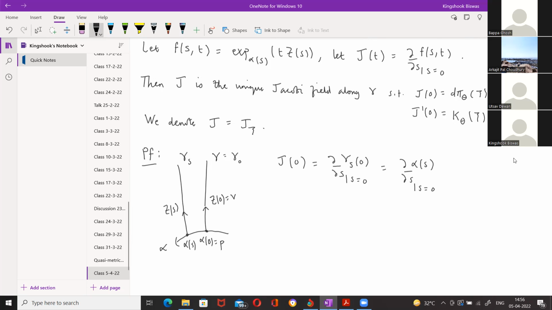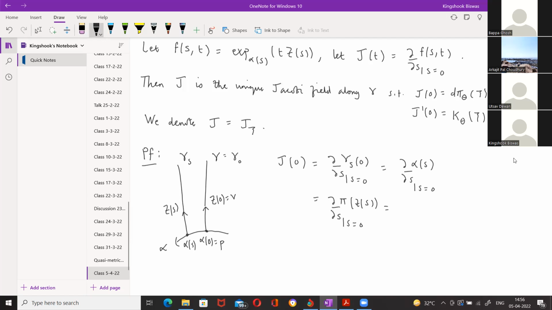Now what is alpha S? This pair is equal to my little Zs, right? So alpha S is pi of Zs, the foot of the element Zs in TM.